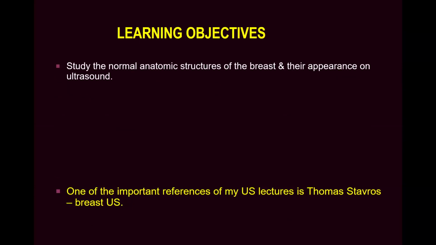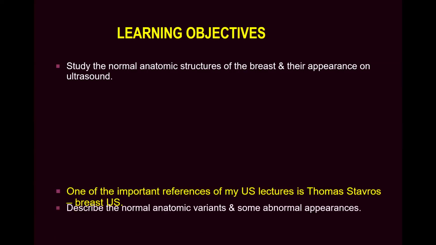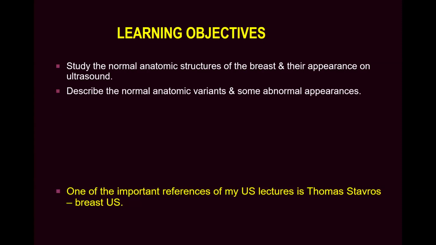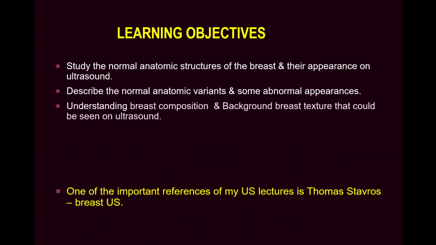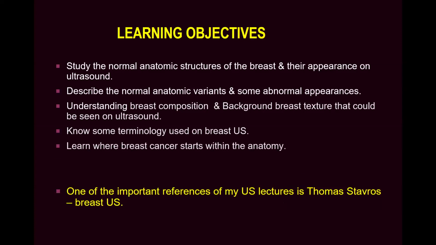We said we need to study the normal anatomic structures of the breast and their appearance on ultrasound, describe the normal anatomic variants and some abnormal appearances, understand breast composition and background breast texture that could be seen on ultrasound, know some terminology used in breast ultrasound, as well as learn where breast cancer starts within the anatomy. Our reference mainly is Thomas Stavros.